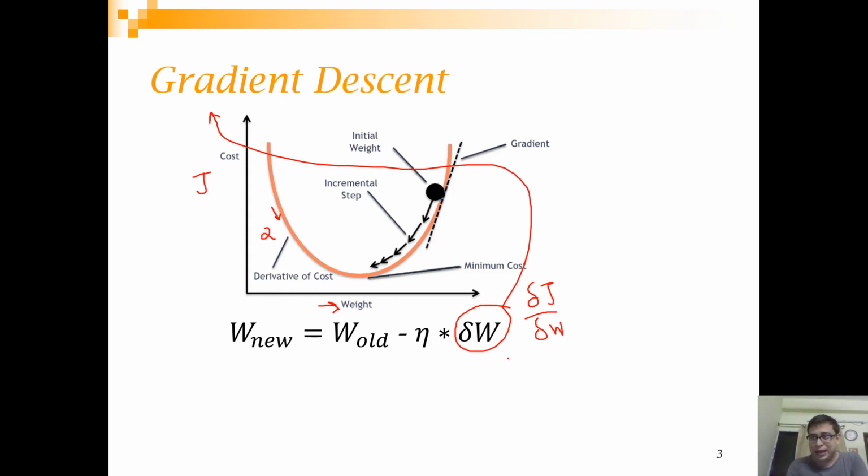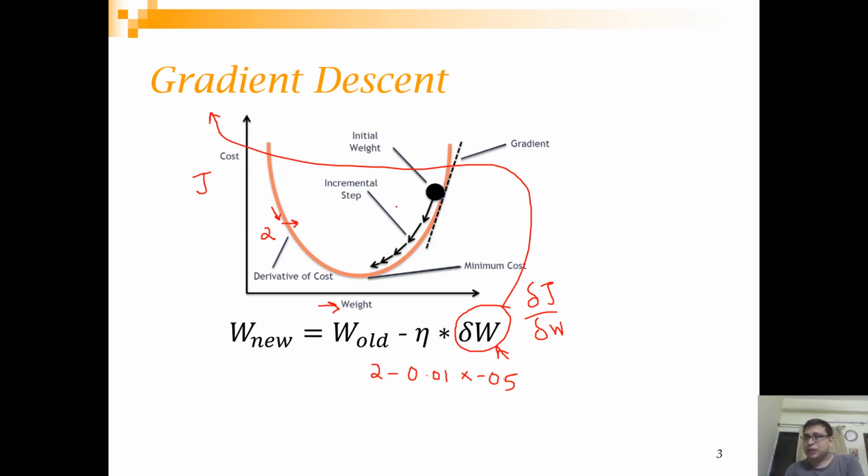So this is a negative term. w old was 2. Now if you use an eta value of 0.01, and if your del w comes to be something like minus 0.5, then your weight becomes 2 plus 0.005, or 2.005. Essentially you move in this direction.